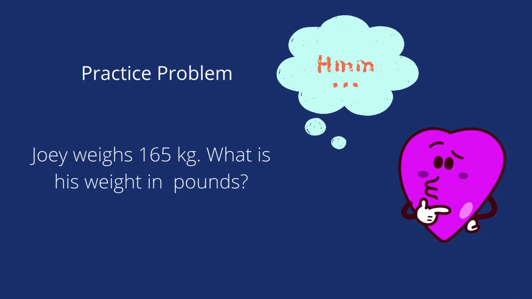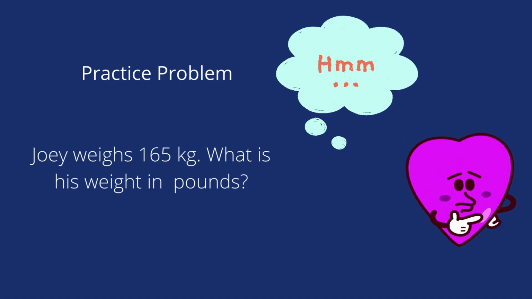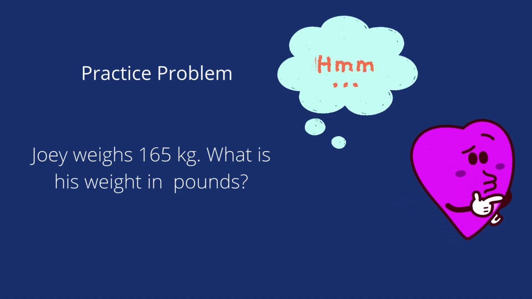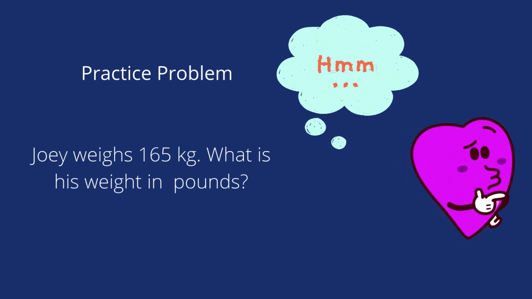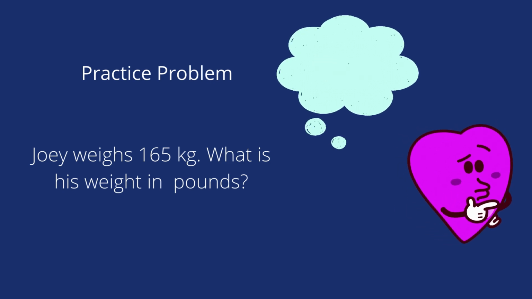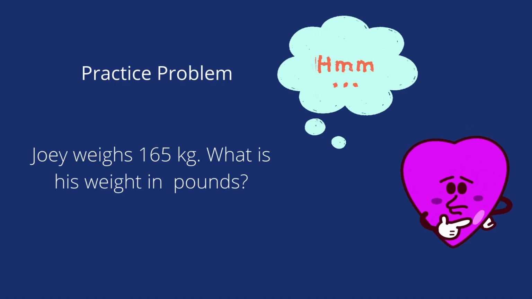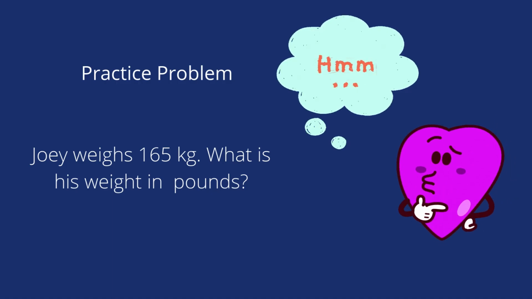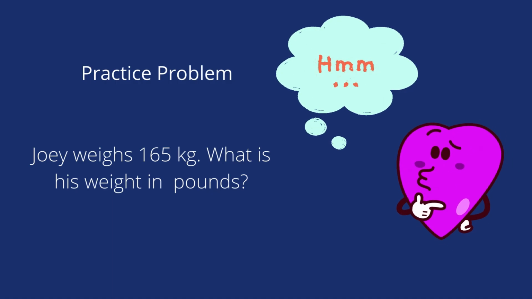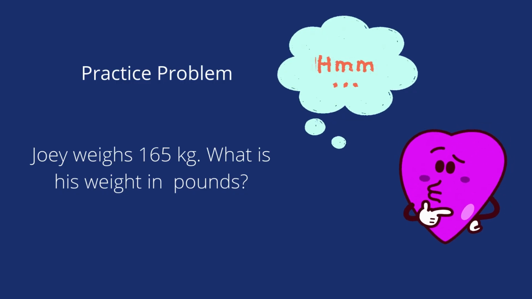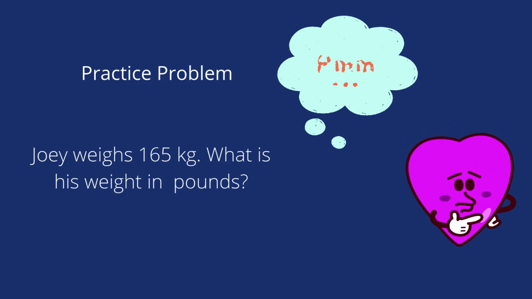Let's go to the next practice problem. Joey weighs 165 kilograms. What is his weight in pounds? So what we're going to do to calculate this one, I'm going to take the weight in kilograms, 165, and multiply that times 2.2 pounds.